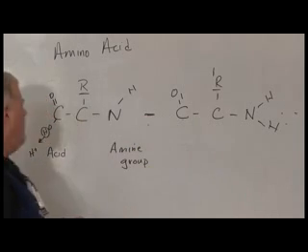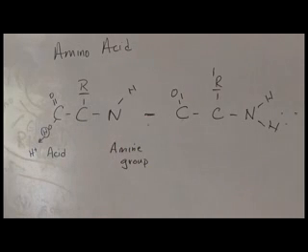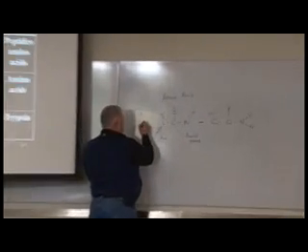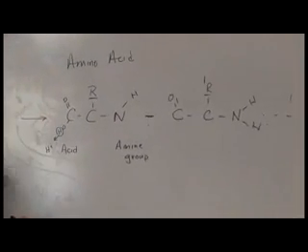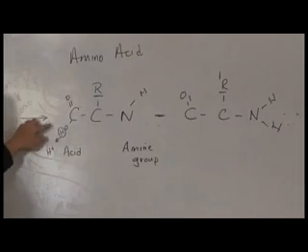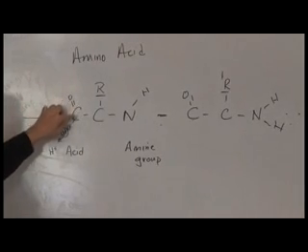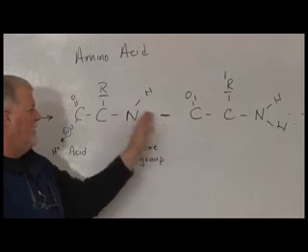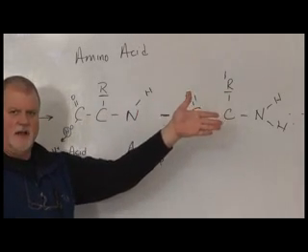Well, the enzyme we're talking about, which is this carboxypeptidase, is going to recognize this end of a protein molecule. And so it'll recognize this carboxylic acid. And then it's going to begin to break the protein molecule down from one end, continuing through to the next end.